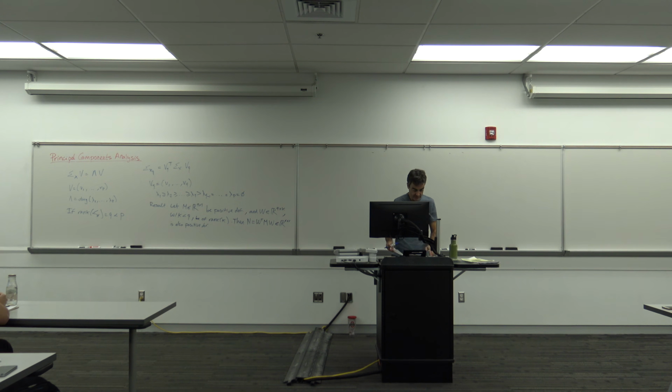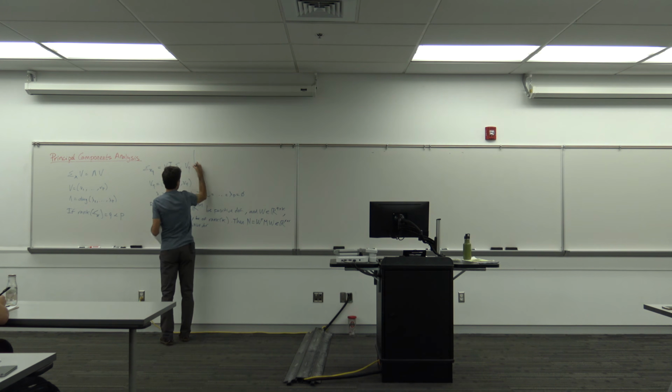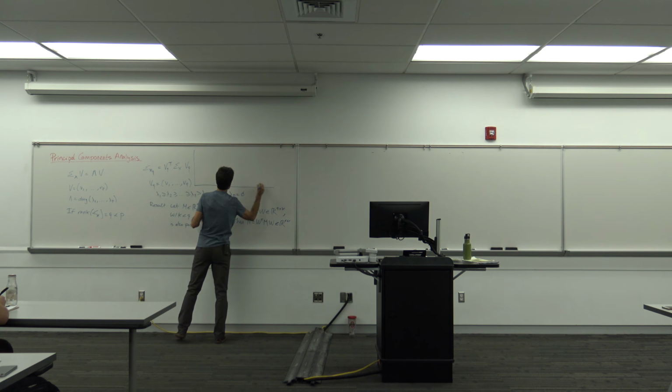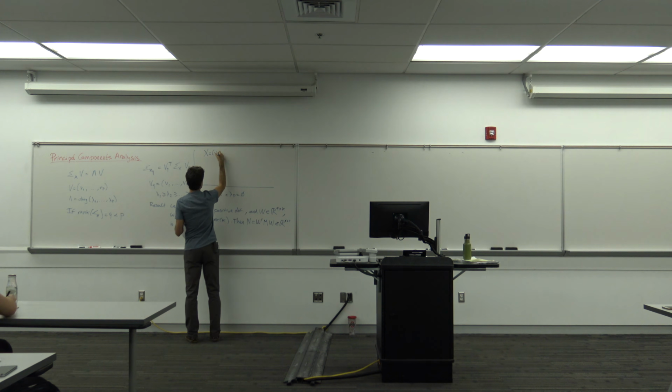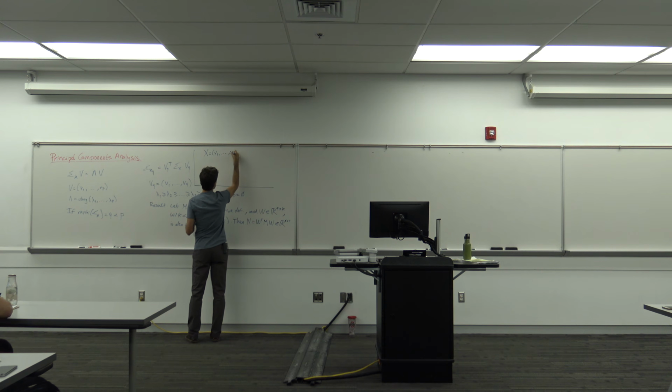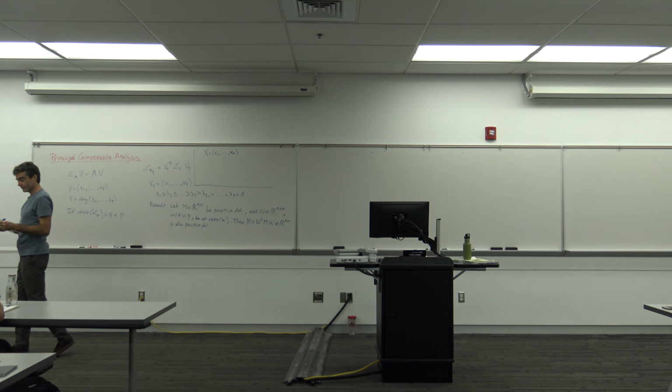All right, what else? So let's apply this to our data. So we have our data, which is given by x1 through xn. These are our n observations or samples that we have been using.